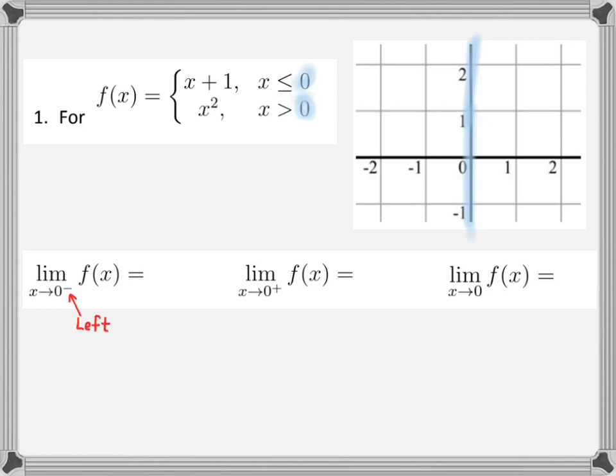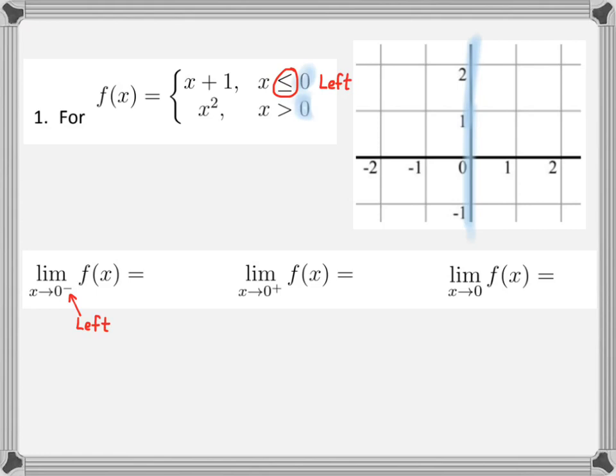Alright, so let's consider the limit of the function f of x as x approaches 0 from the left. That's that little negative sign. So let me ask you, the viewer, to think about which one of those two functions, x plus 1 or x squared, is the one that applies on the left. Were you thinking this one?